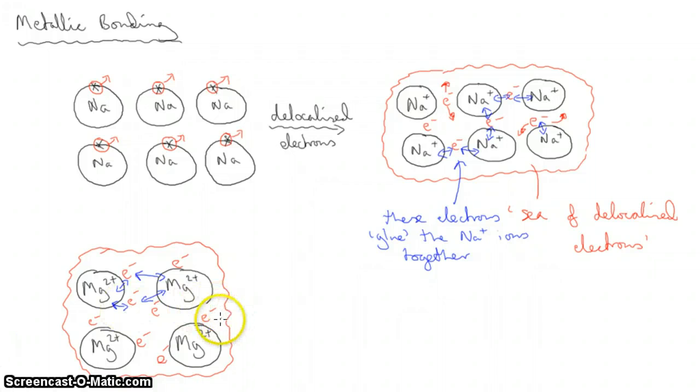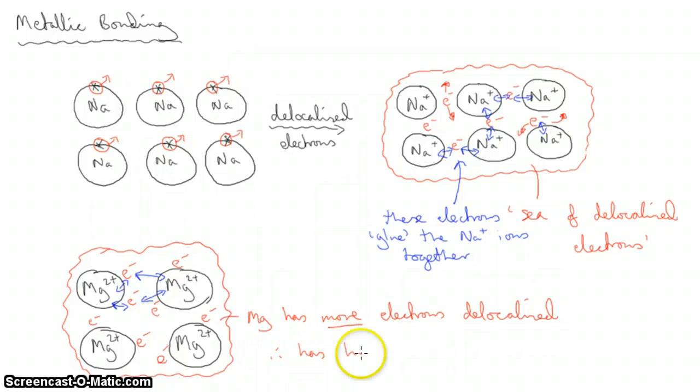Now, for magnesium, it's got more electrons. It's got 2 electrons for every magnesium ion, whereas sodium only had 1. So magnesium has more, double really, more delocalized electrons, therefore has higher electrical conductivity and things like higher melting point.